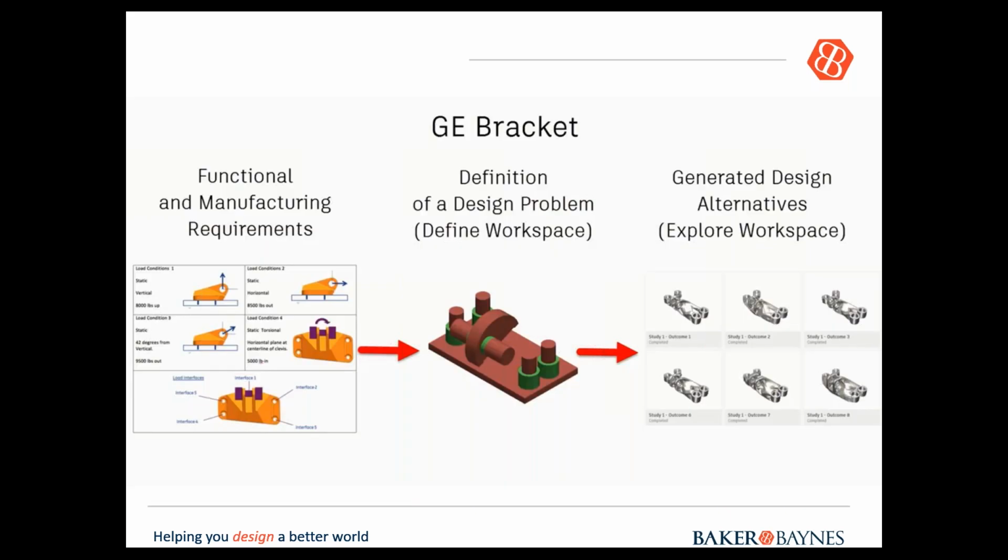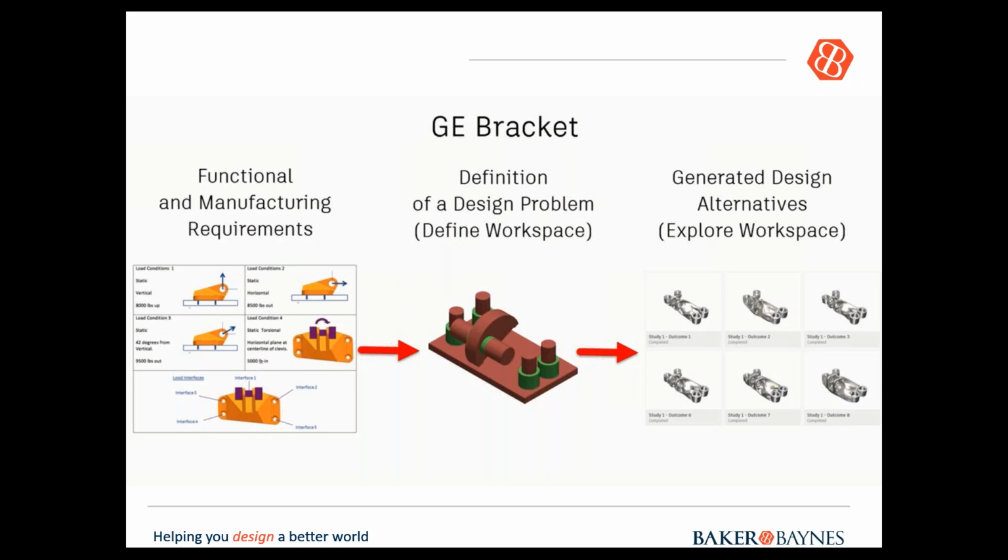So first, on the left-hand side, you will see functional and manufacturing requirements. There will be requirements that will help you and guide you to design the right, in this instance, bracket that will not break while they will be using it.